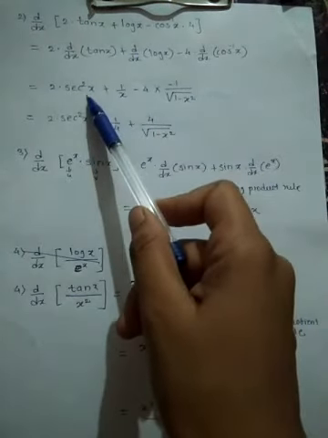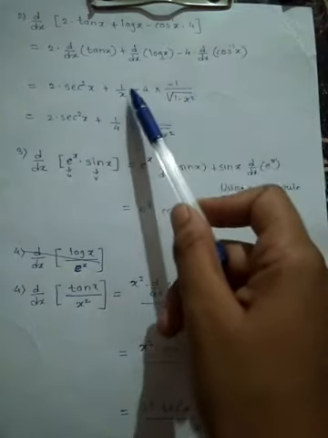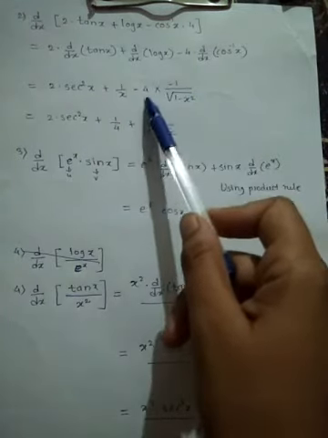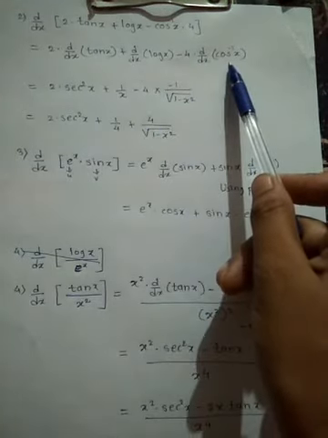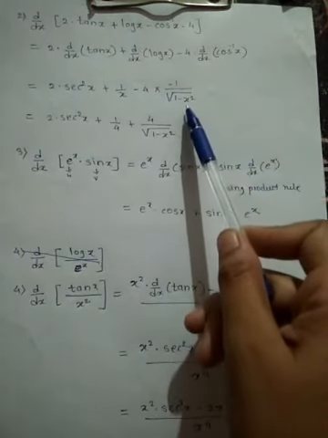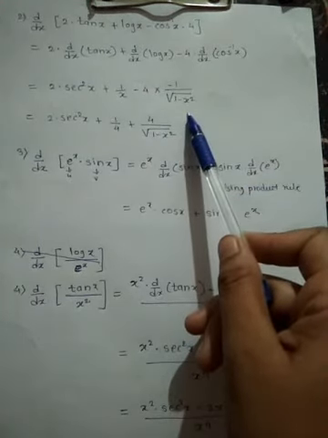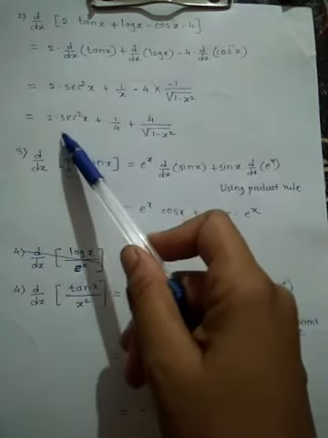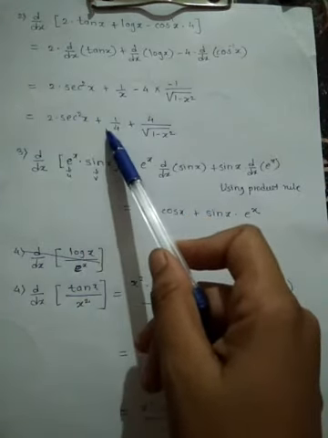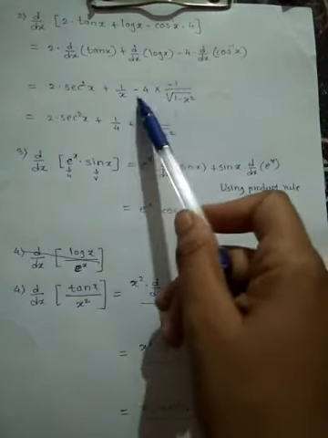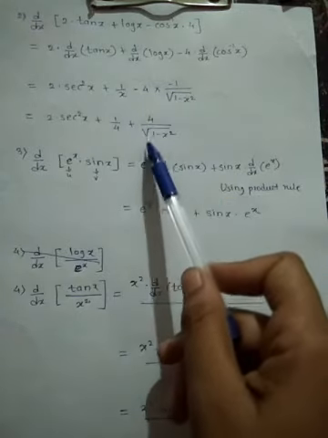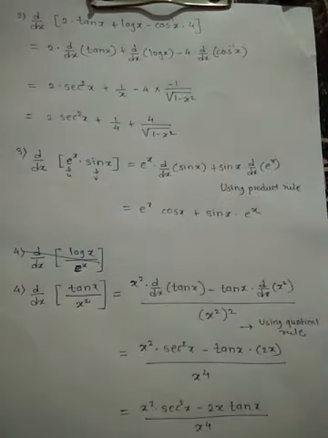Derivative of tan x is sec square x, derivative of log x is 1 upon x, minus 4 as it is, derivative of cos inverse x is minus 1 upon under root 1 minus x square. After simplification we get 2 into sec square x plus 1 by x, minus minus gives plus 4 divided by under root 1 minus x square.